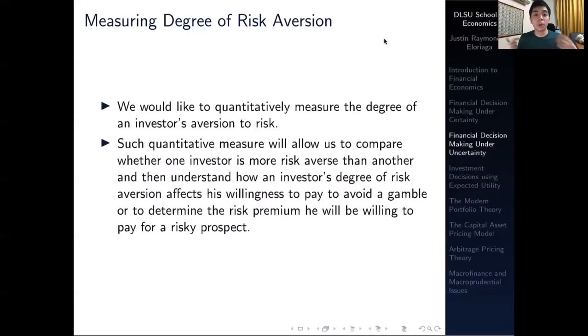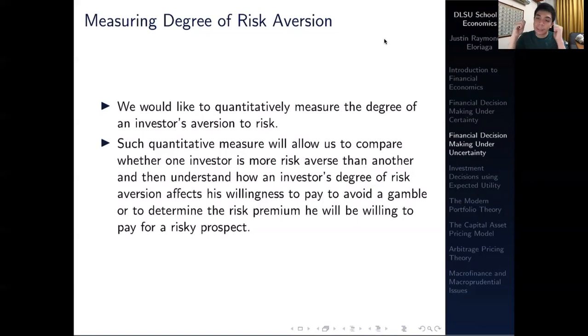Such a quantitative measure will allow us to compare one investor to another, or compare a multitude of investors, and judge who is more risk averse than others. Knowing whether one investor is more risk averse than another requires understanding their degree of risk aversion.